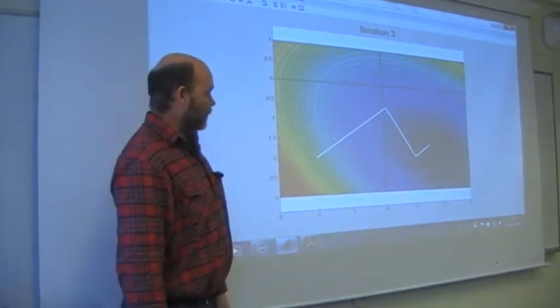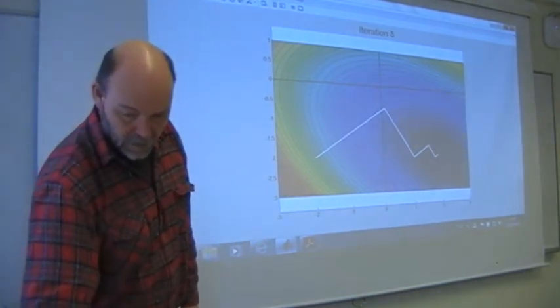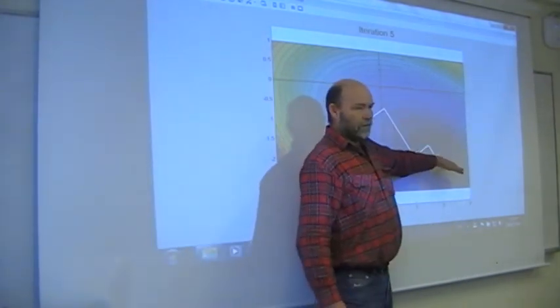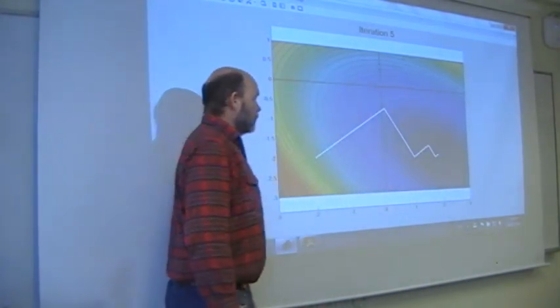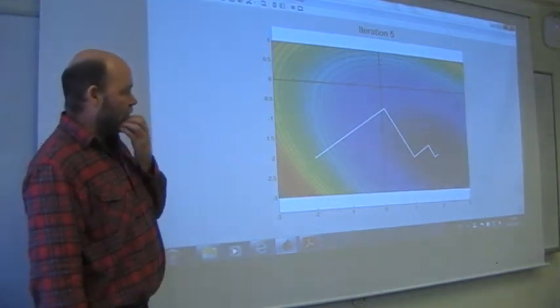That's a waste of effort, isn't it? So you see, you use the same directions many, many times here actually before you hit the center, before you hit the bullseye. So this is a waste of effort, yes.